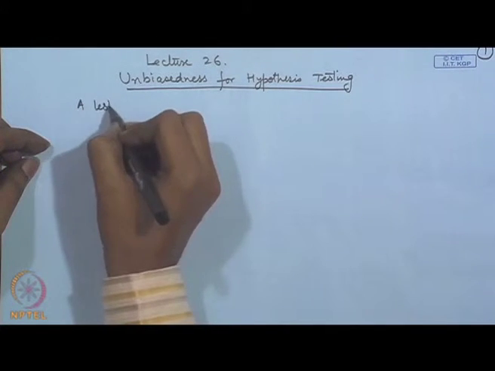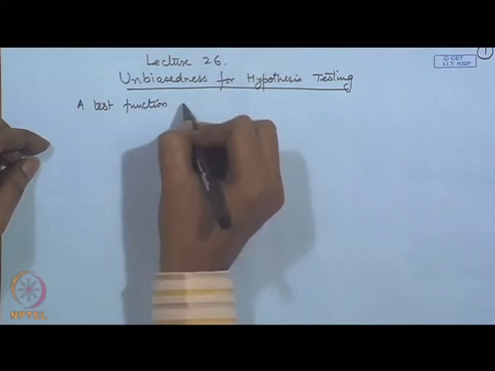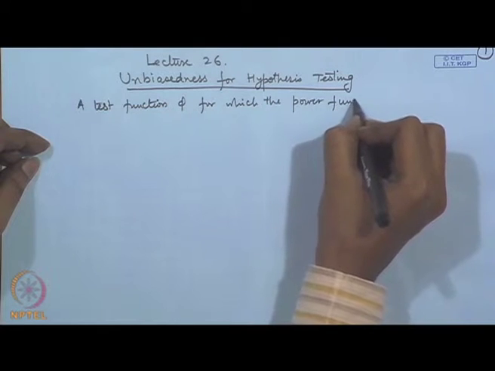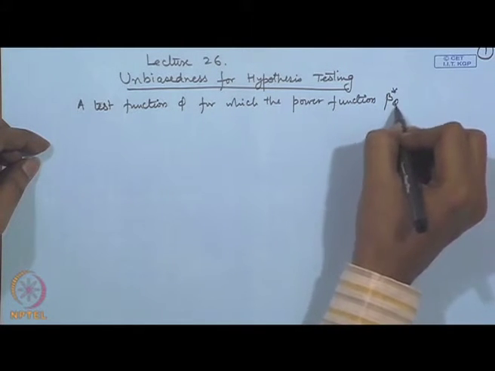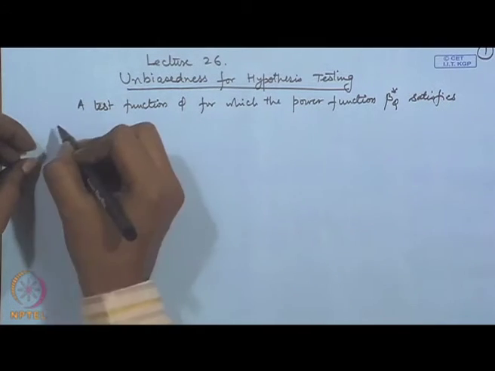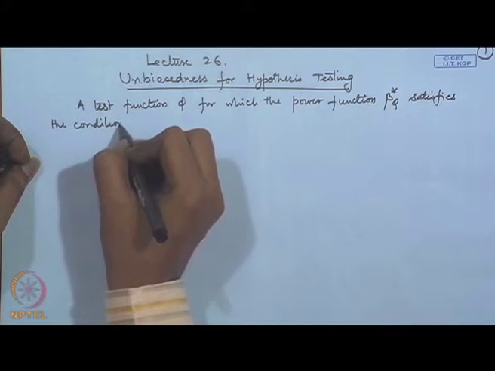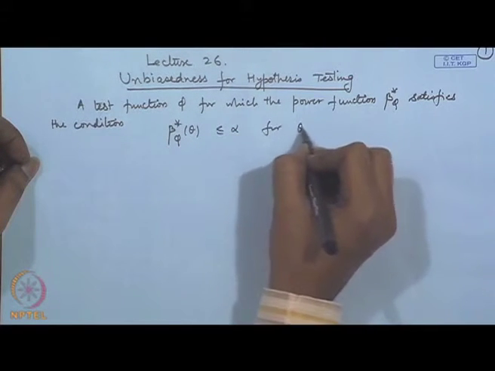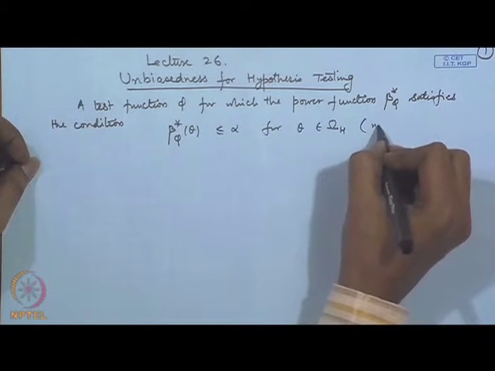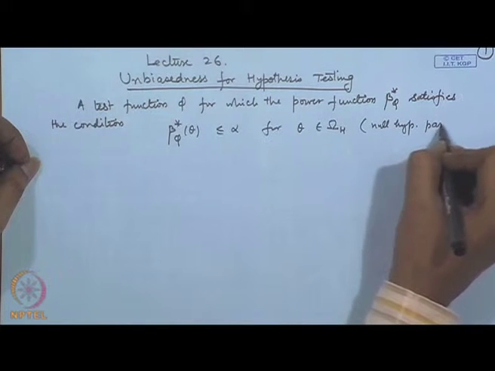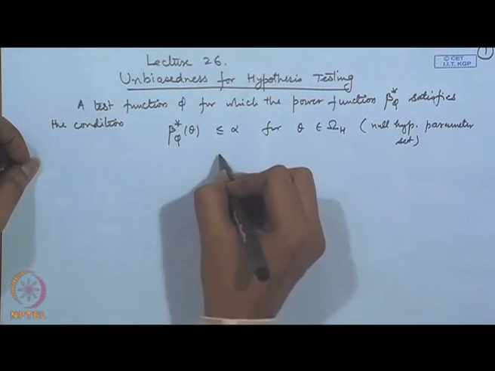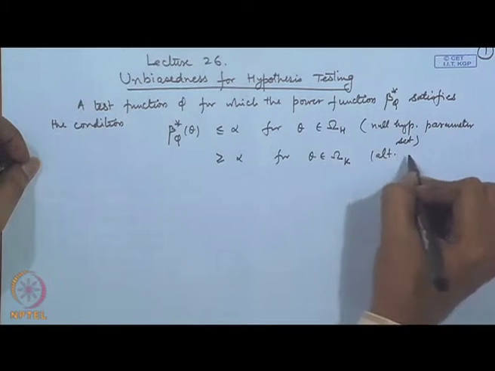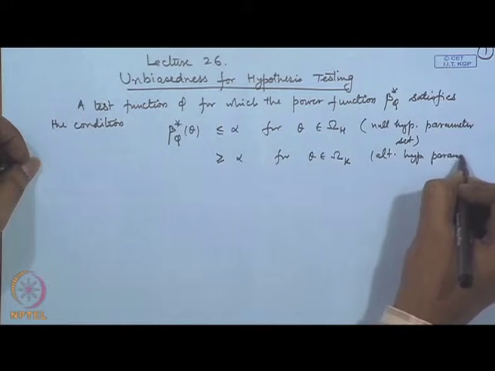A test function phi for which the power function beta star phi satisfies the condition beta phi star theta is less than or equal to alpha for theta belonging to omega h, that is the null hypothesis parameter set, and it is greater than or equal to alpha for theta belonging to omega k, that is the alternative hypothesis parameter set.